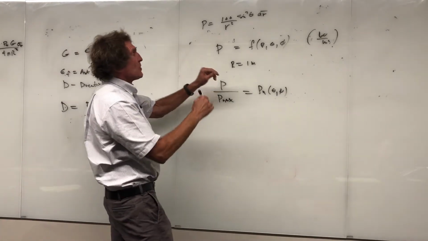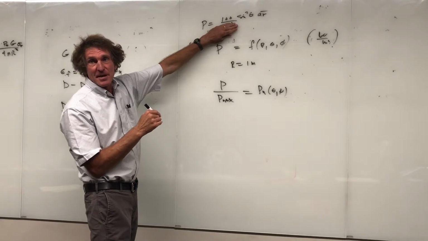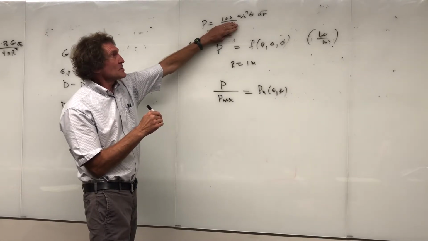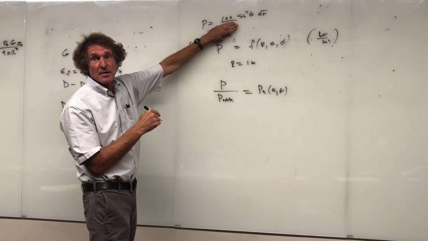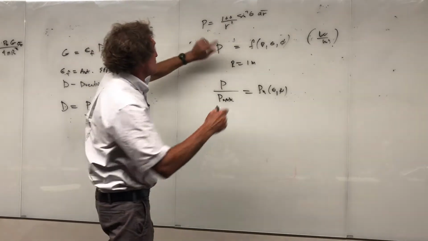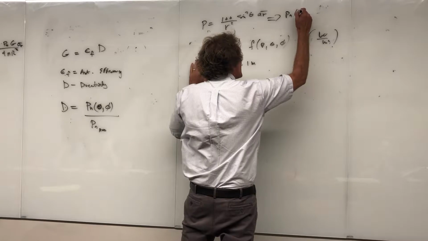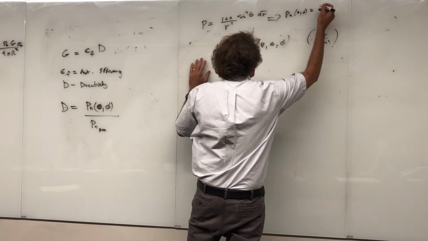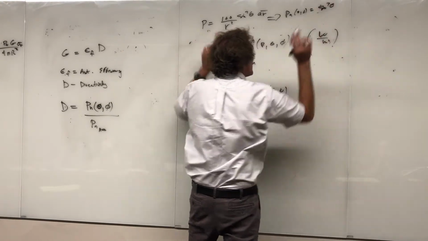Well, I told you set R equal to 1, to get rid of it, basically. Now what's the maximum possible value of that function? Isn't it 100? Because sine can only have a maximum value of 1, so 100. You all see that? So that means the normalized power as a function of theta and phi, theta only in this case, would just be equal to the sine squared of theta. Everybody see that?